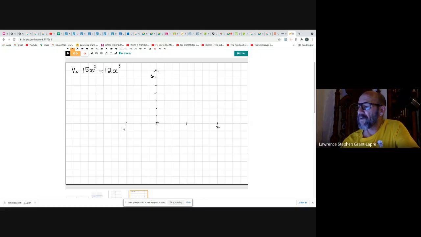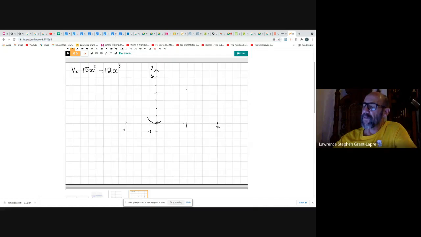And what we've got is a graph that looks like this, and it turns at 0.833. Get the analysis here. I'll just G-solve for maximum.